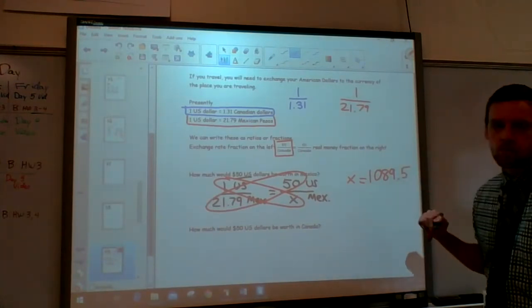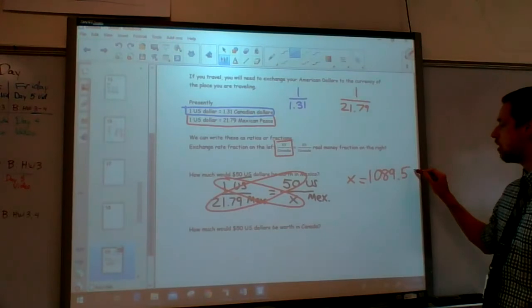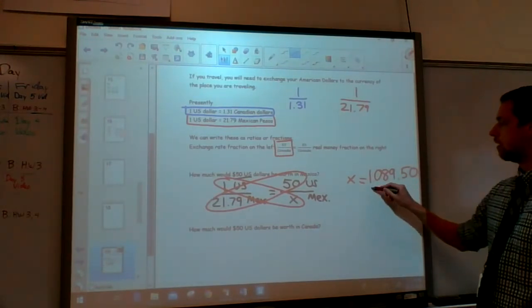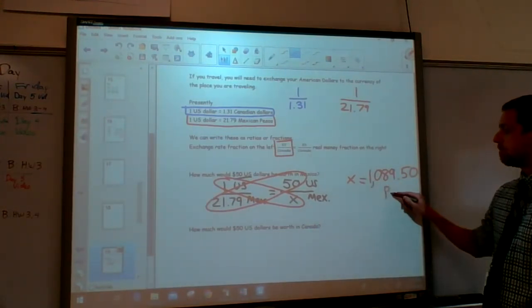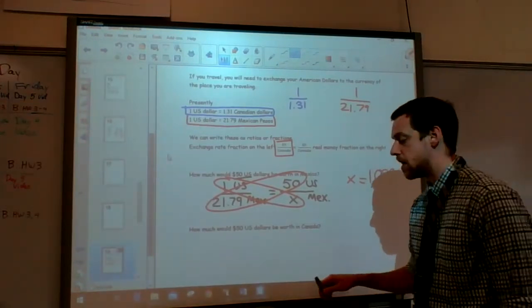Normally with money we do 2 decimal places, so don't just leave it 0.5, we're going to call it 0.50. So that's how many pesos I would have. So you have more buying power in Mexico.